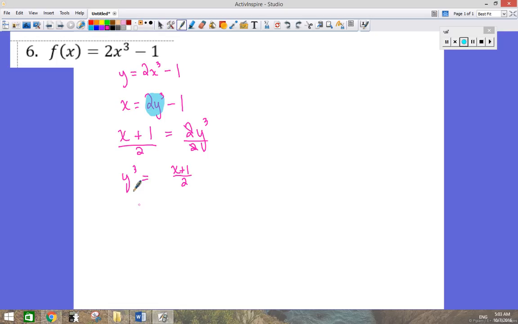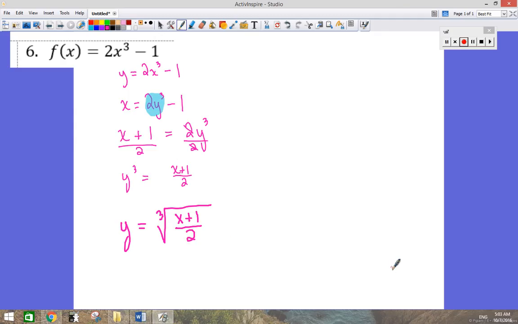Now to solve for y, I need to take the cube root of each side of the equation. When I take the cube root of y cubed, I get y, and over here I have the cube root of x plus 1 over 2.